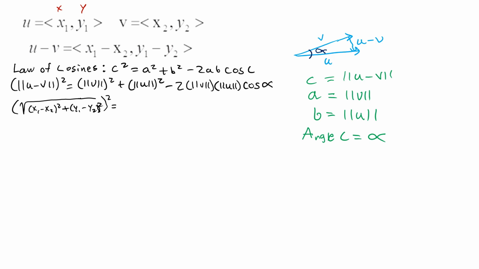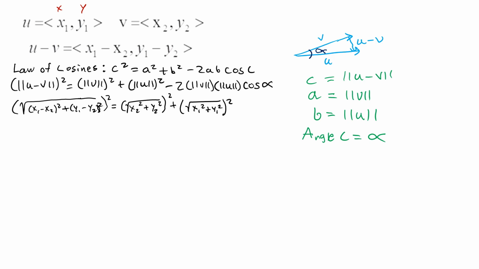And this will equal the magnitude of v squared, which can be represented as the square root of x2 squared plus y2 squared, squared, plus the square root of x1 squared plus y1 squared, squared. And for the minus 2 times magnitude of v, magnitude of u, cosine of alpha, we're going to keep that how it is.